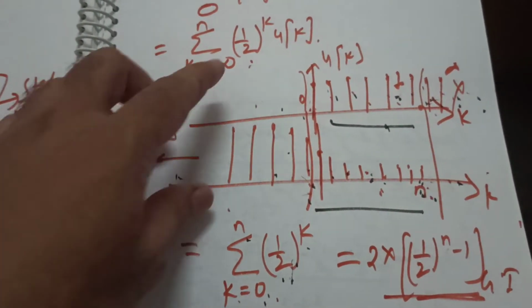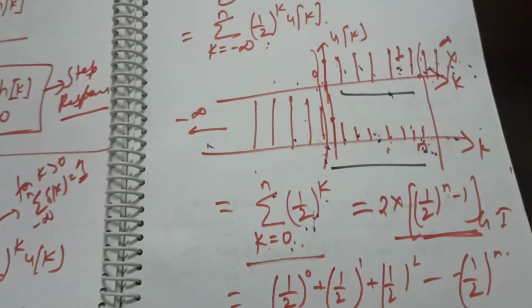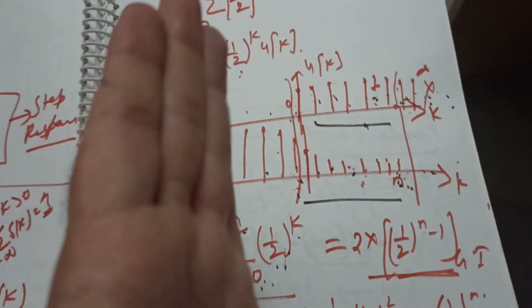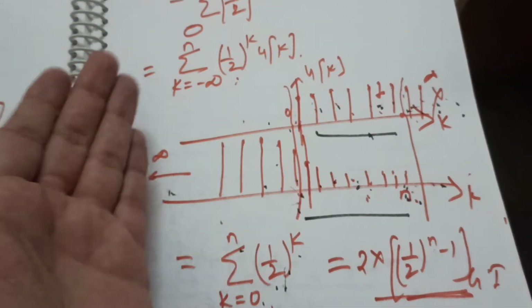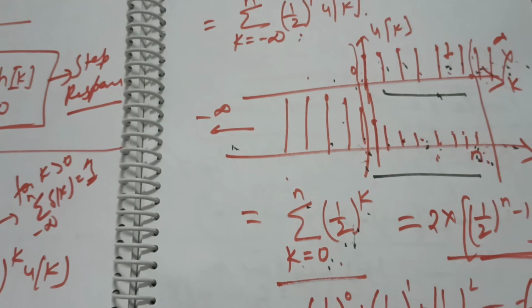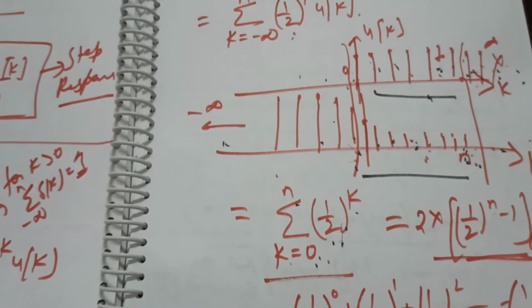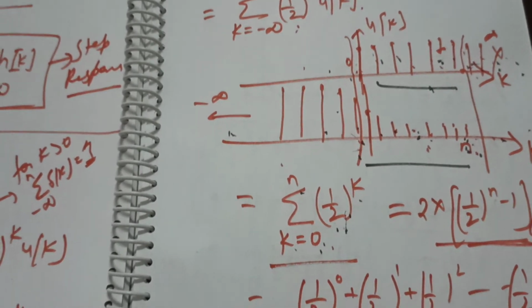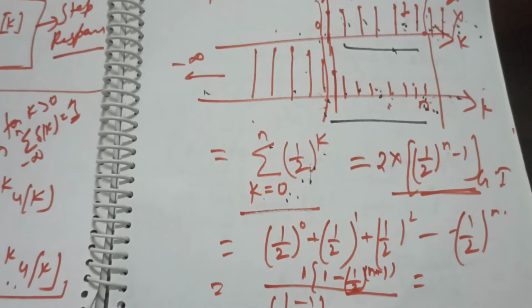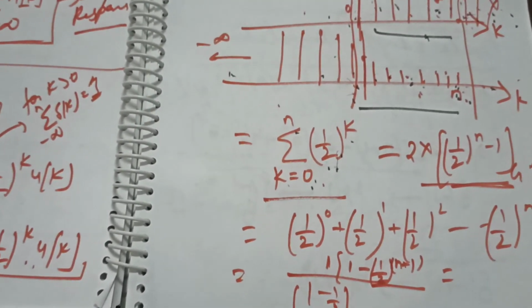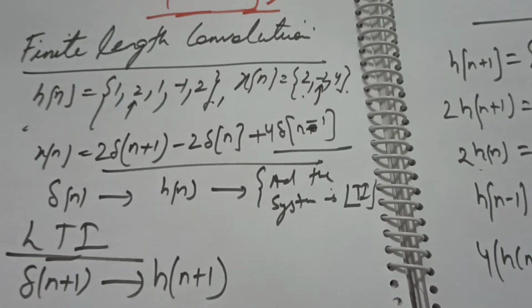When these are multiplied in the summation, the samples prior to n equals 0 become 0, so we are left with (1/2)^k varying from 0 to n, and this is just a simple GP. Now this was what is required.